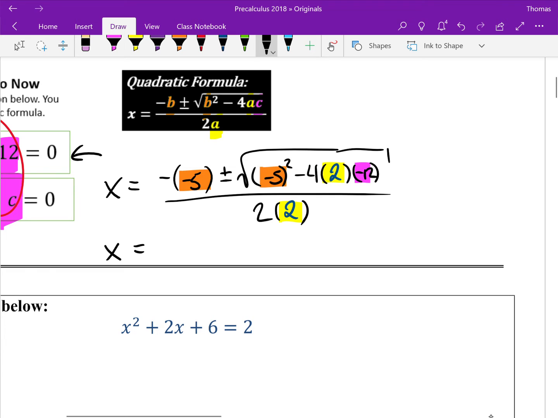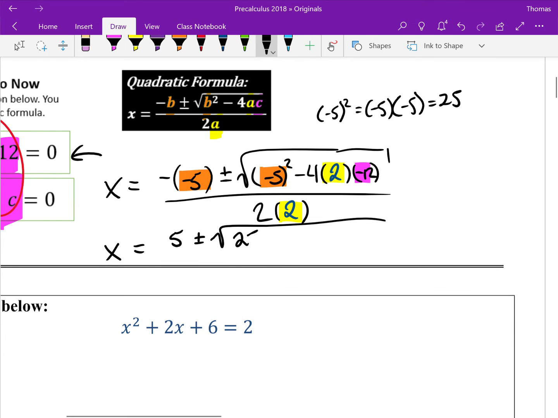That makes a positive 5. So 5 plus or minus the square root of, this is a negative 5 squared. That means negative 5 squared is equal to negative 5 times negative 5, which is positive 25. Cool. So 25 minus 4 times 2 times negative 12.